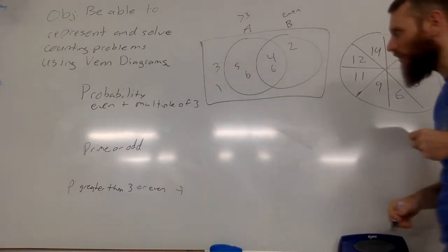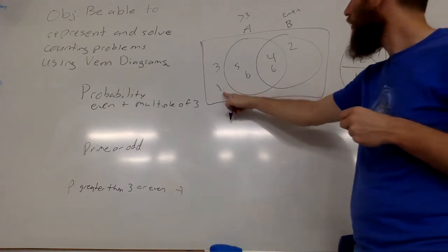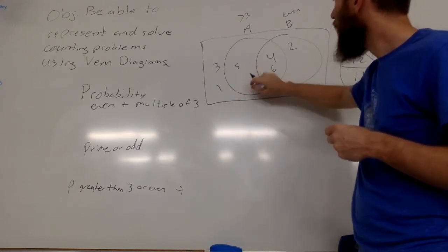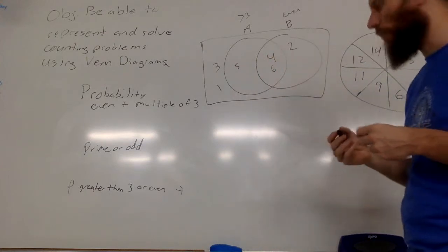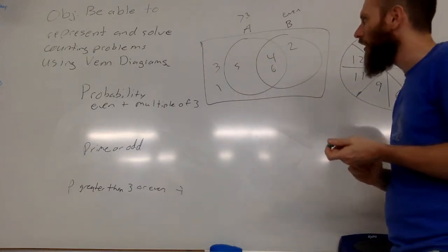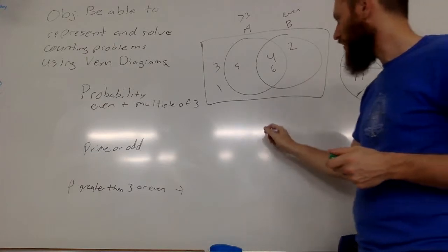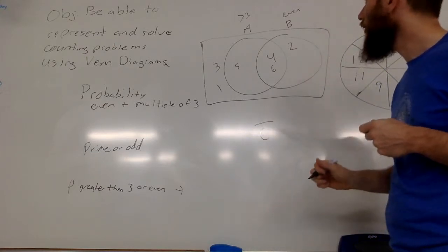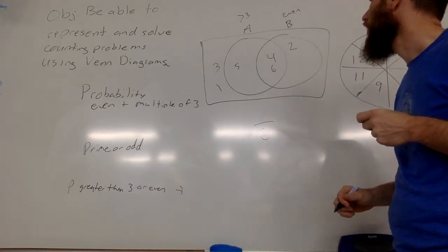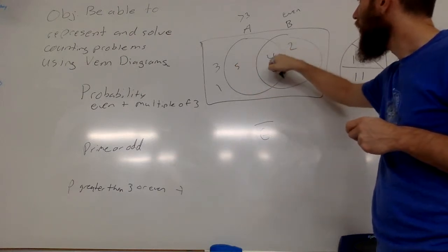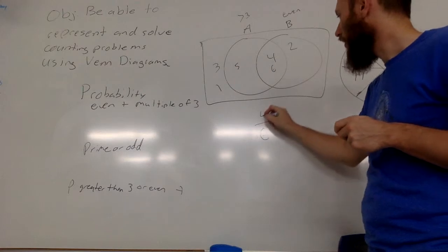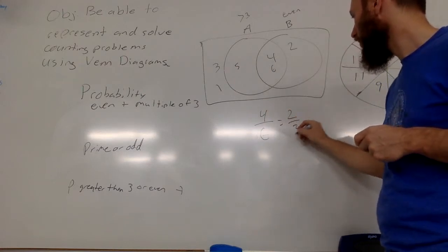It doesn't say greater than or equal to. Let's make sure we have all the numbers represented here: 1, 2, 3, 4, 5, 6. So the probability, out of 6, that a number is greater than 3 or even would be 1, 2, 3, 4. 4 out of 6 or 2/3.